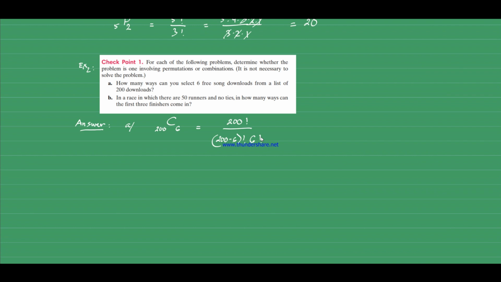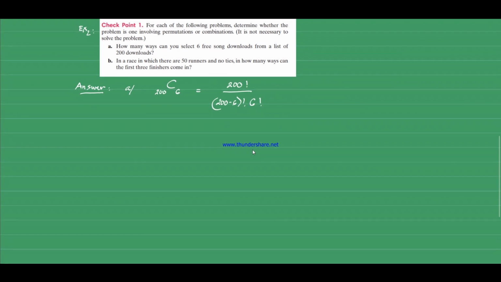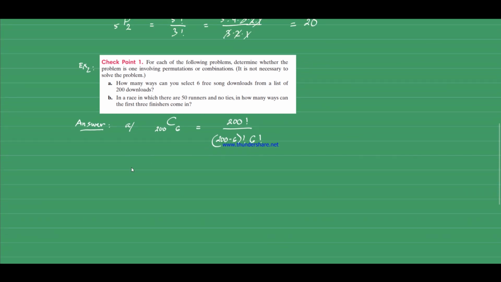This is a pretty big number, guys, because over here is 200 factorial. That's a pretty big number. If you put it into the calculator, you see that it gives you a big number. I cannot even write it over here. But that is the way you set up the problem. You don't need to get the answer because even the calculator has a hard time listing the answer right here. But you know this is the way you set it up.